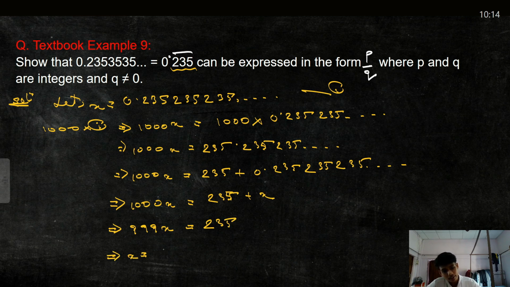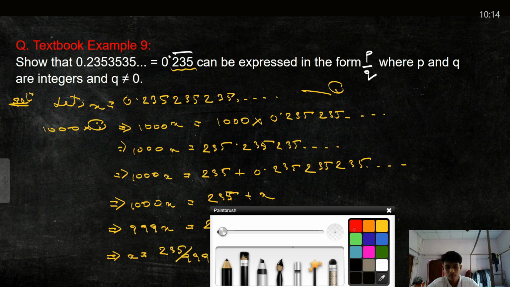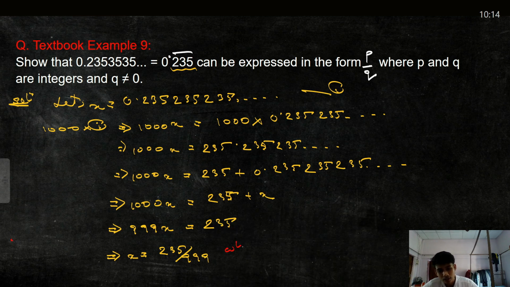Again, x is equal to 235 divided by 999, which is in the form p by q.